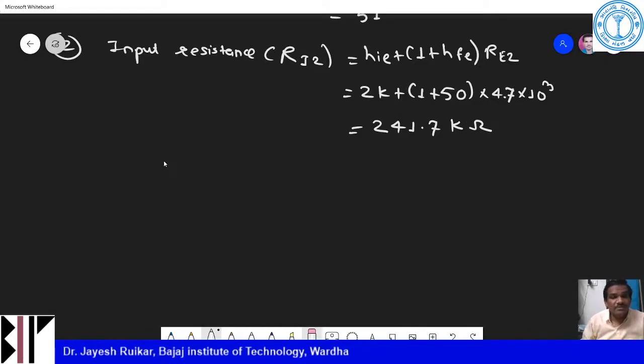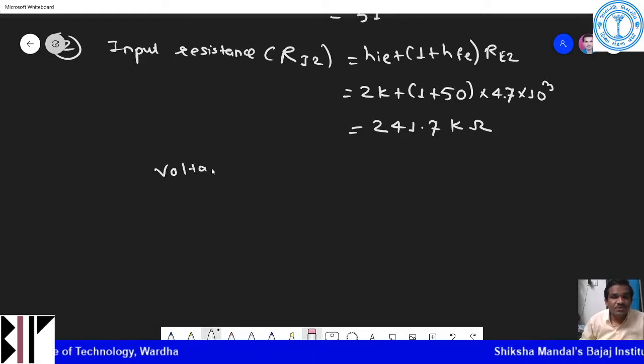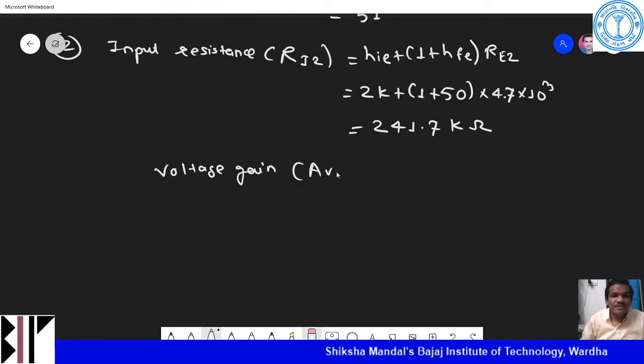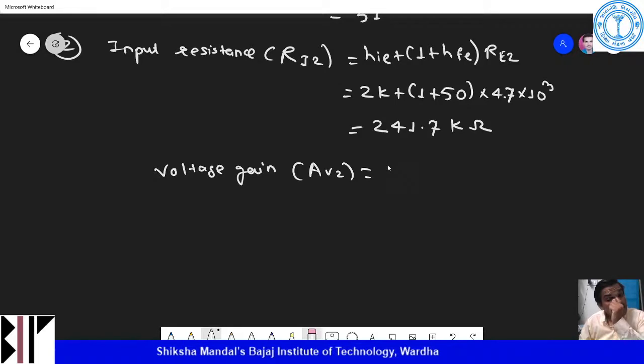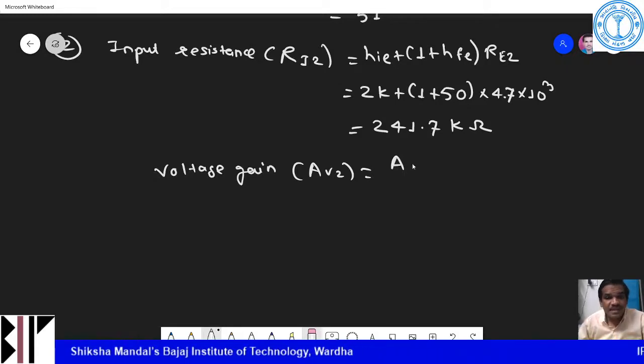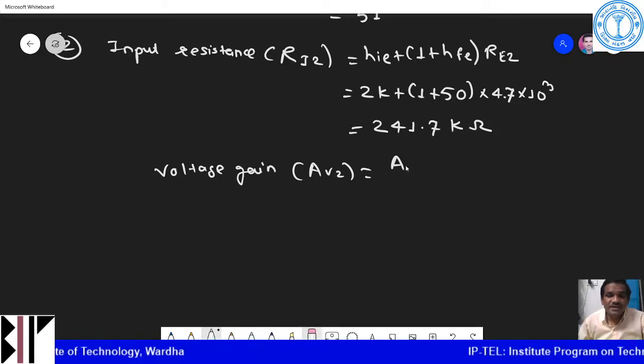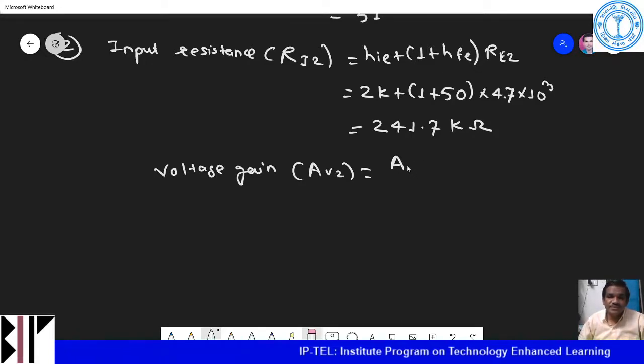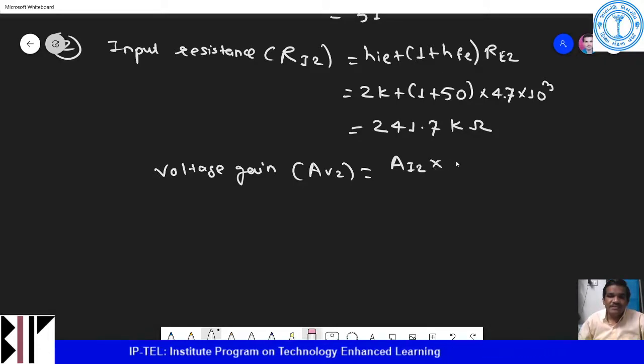Now we can calculate voltage gain. Voltage gain AV2 is nothing but current gain multiplied by load resistance. The current gain of that stage, AI2, we have just calculated, multiplied by the load resistance.